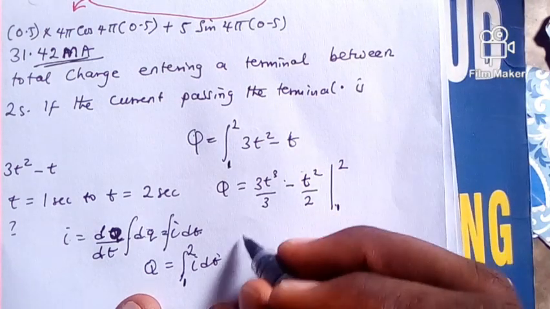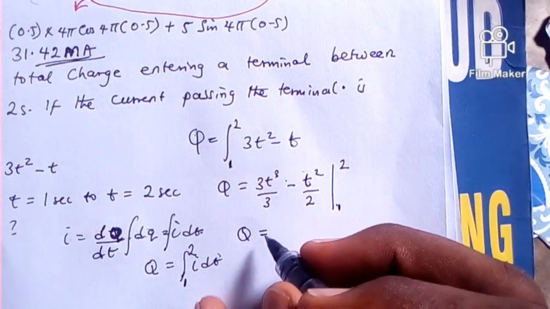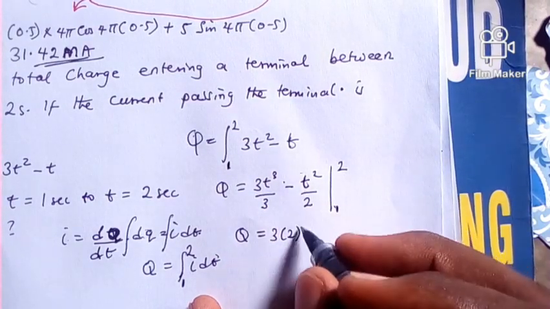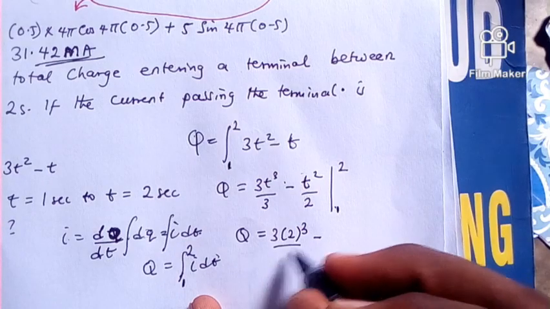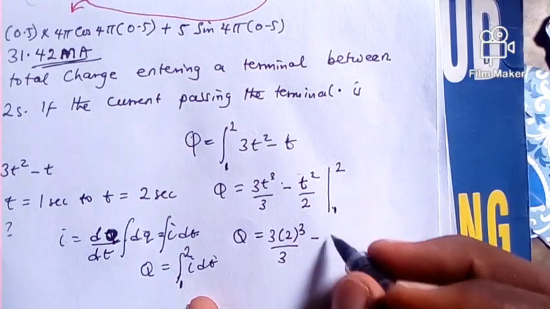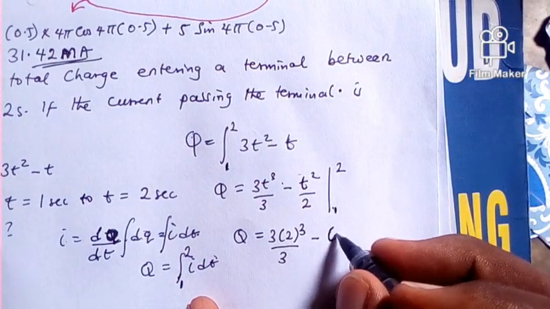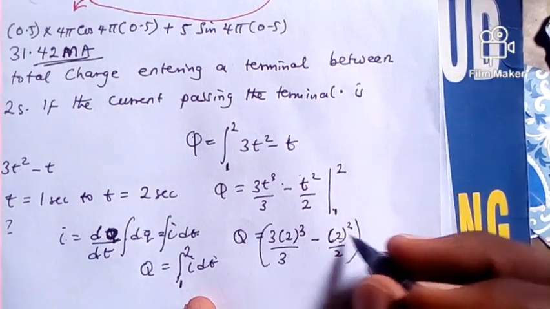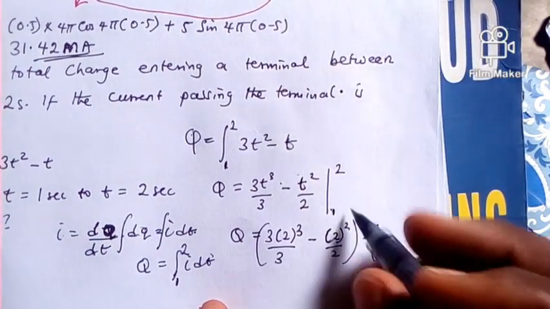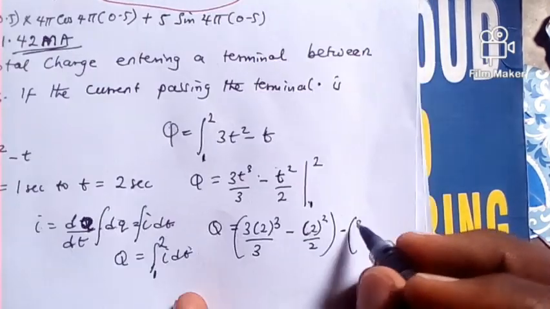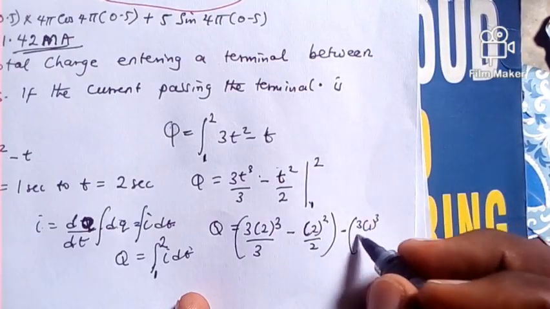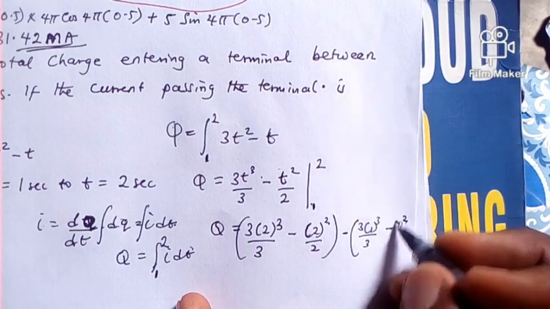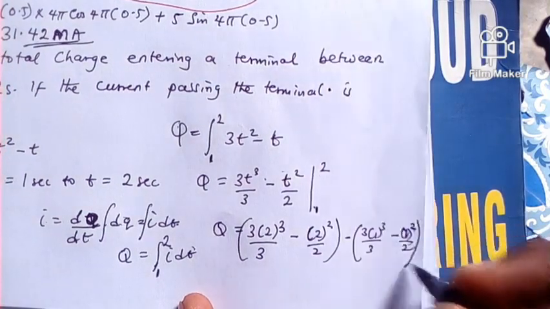So let's do that. We have that q is going to be 3 times t, which is 2, cubed over 3, minus 2 squared over 2. This whole thing minus, now when t is 1, we have 3 times 1 cubed over 3 minus 1 squared over 2.